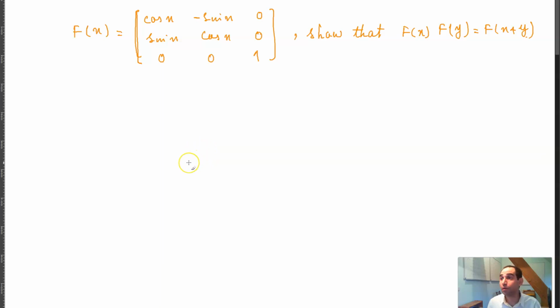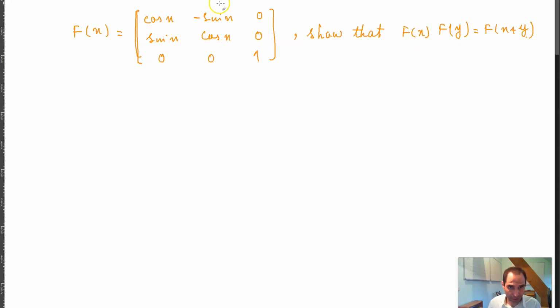I don't understand what is meant by this. What is meant by f of y? Let me check the solution. Okay, so what they mean by this expression is something very simple, I didn't actually see it.